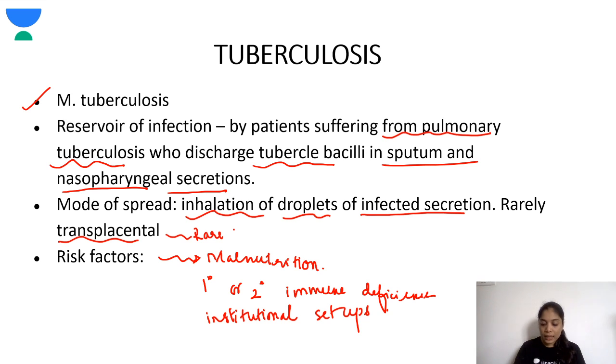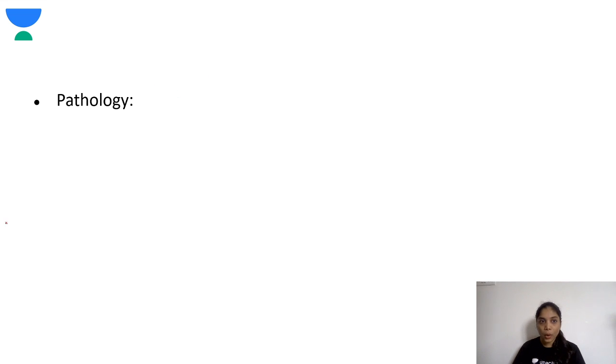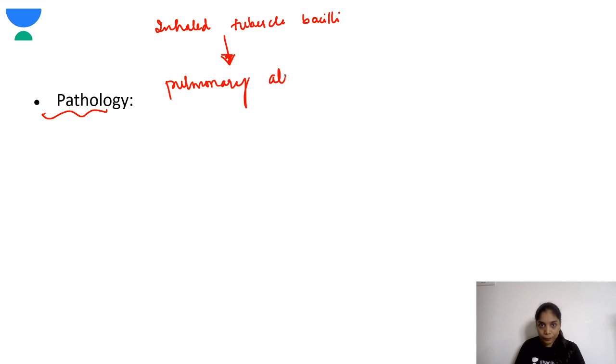Now, what is the pathology? How does Mycobacterium tuberculosis cause disease in us? First of all, you inhale. The inhaled tubercle bacilli will get lodged in the pulmonary alveoli.